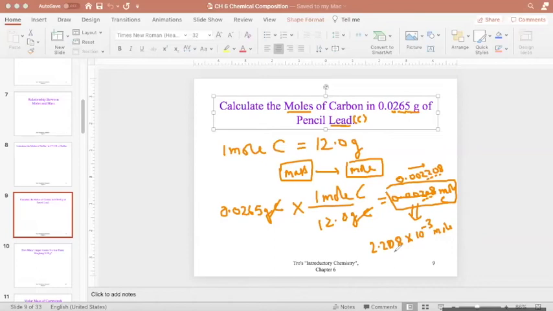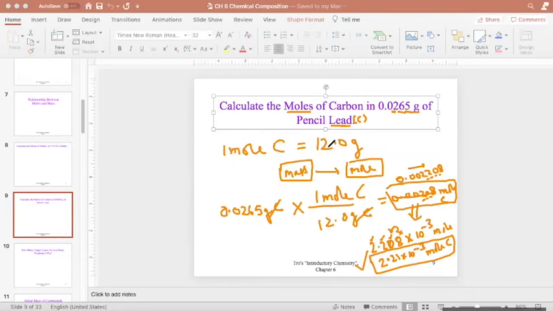Then we need 3. This is 1, this is 2, this is 3. We don't need this one. So the previous number will get increased by 1. So your answer will be 2.21 times 10 to the power negative 3 moles of carbon. So this is your answer over here. Correct answer, right? With a 3 sig fig number.